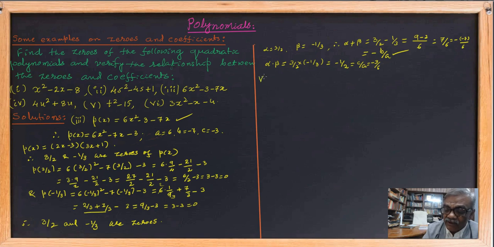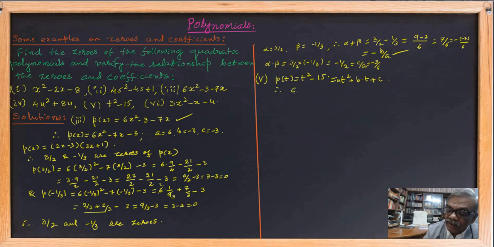Now I am going to consider the fifth example, p(t) equal to t square minus 15. Now you can see the middle term is absent, and I can write this as a into t square plus b into t plus c.